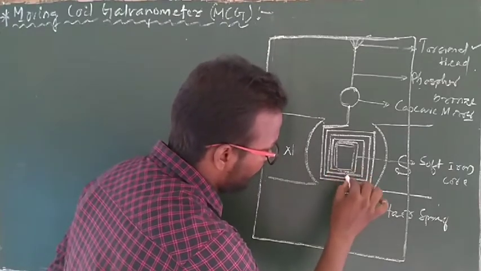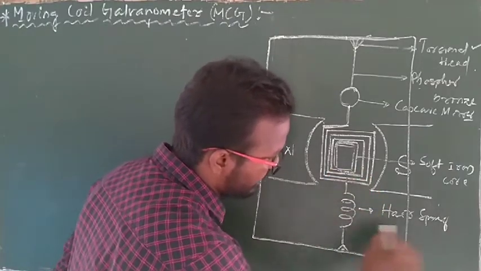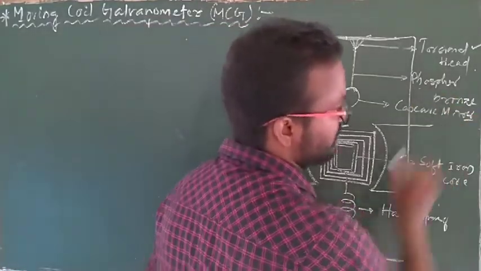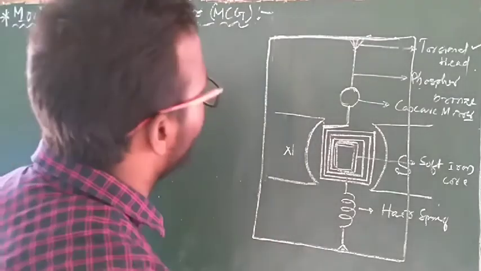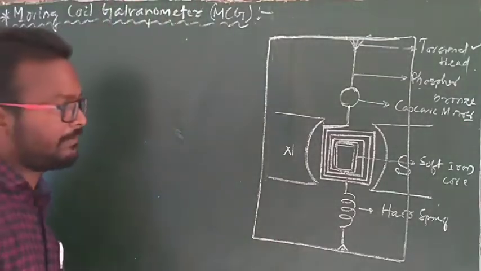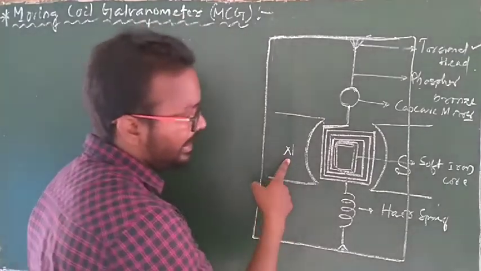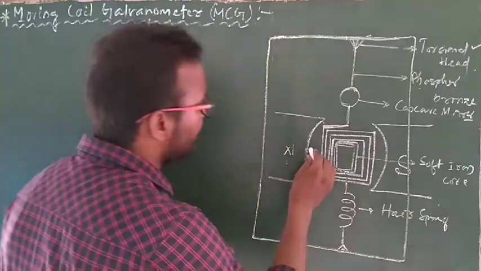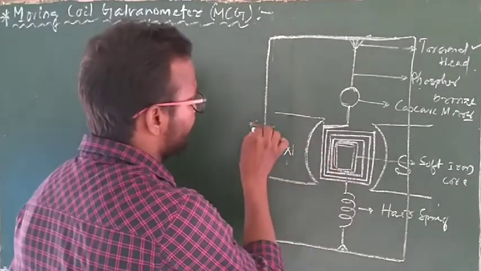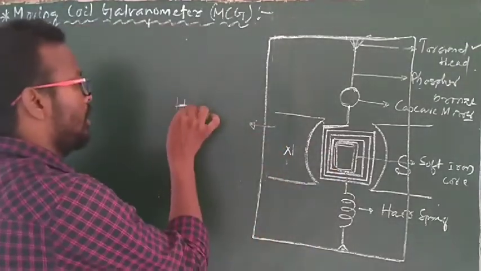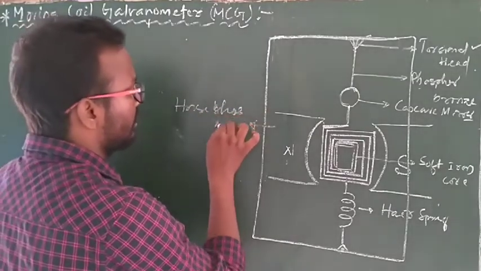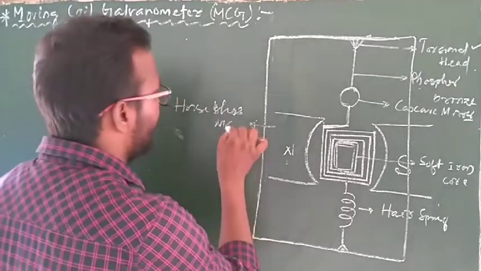Finally, this coil is connected with a hair spring made up of phosphor bronze strip. Clear? Okay. This is the north pole, and here one south pole. And this magnet is known as a horseshoe magnet.